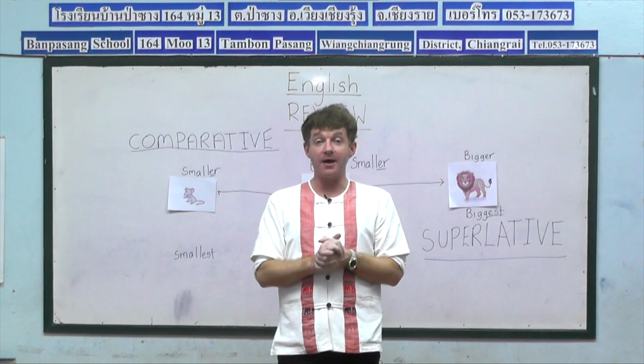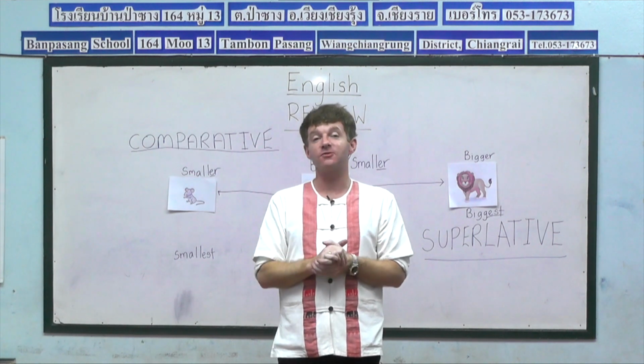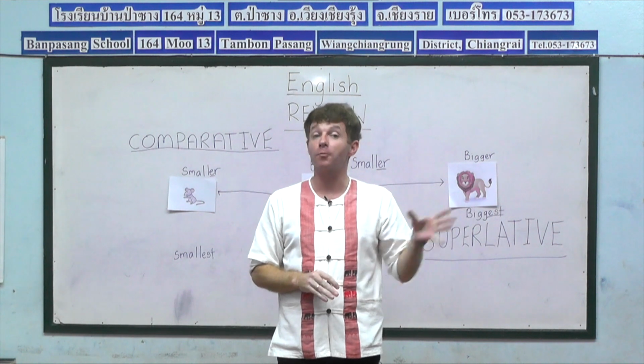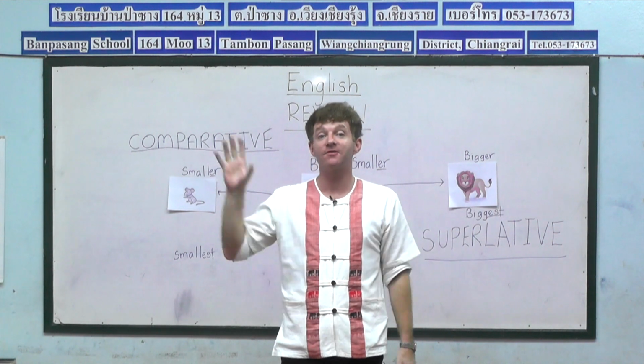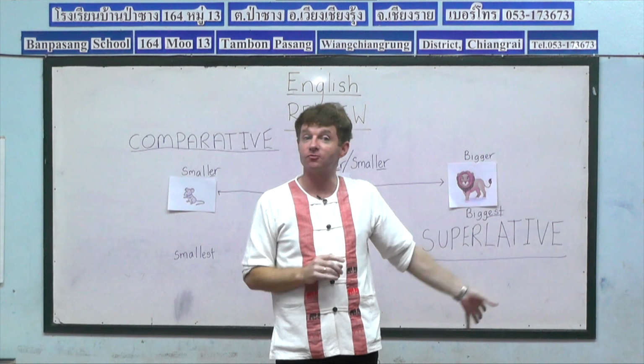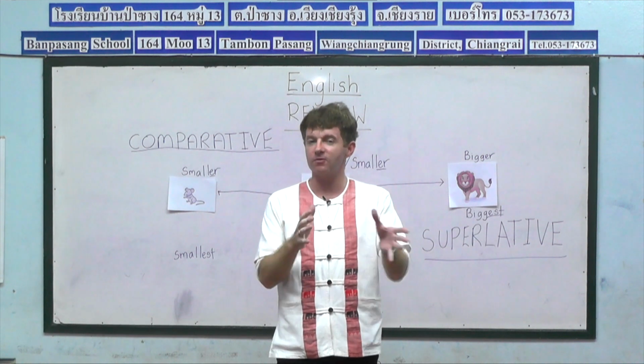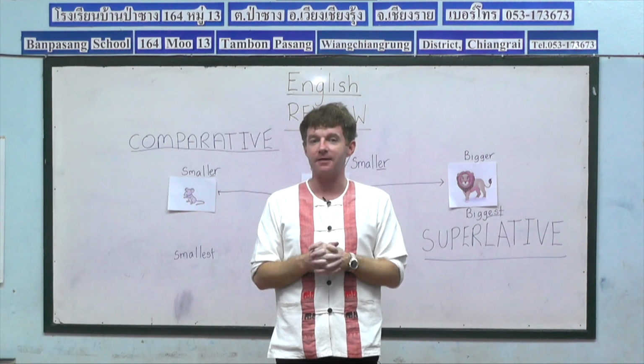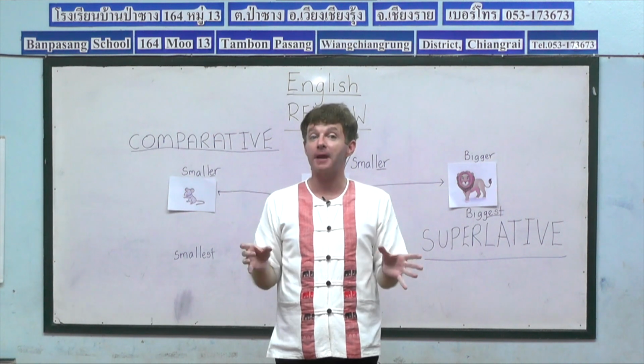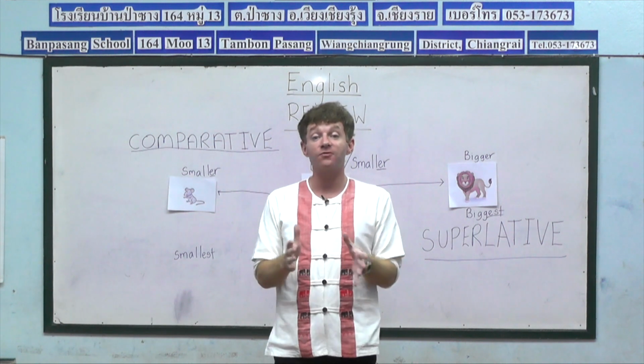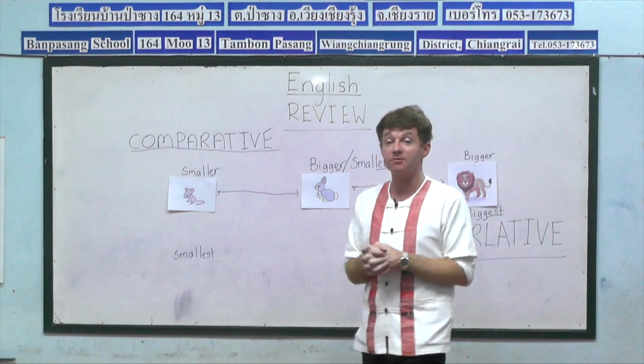And what we've got now, we've got a PowerPoint presentation so that we can review the previous lessons when we learned about comparatives and superlatives. There's some different spelling rules that we need to investigate so that we can speak and spell correctly. So let's all turn our chairs to have a look at the TV screen, guys.